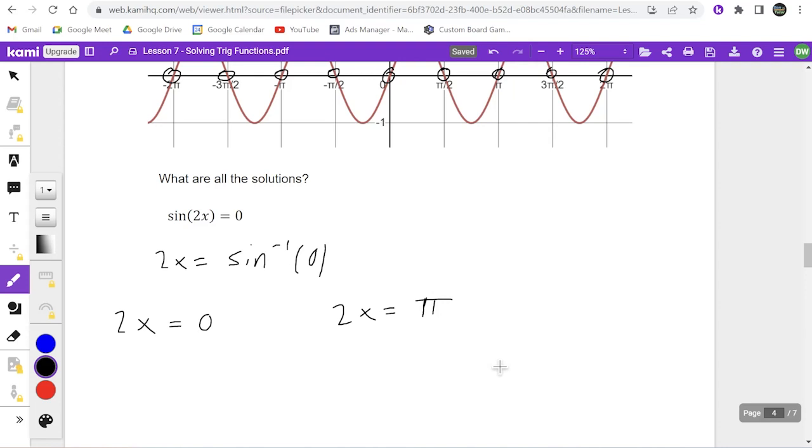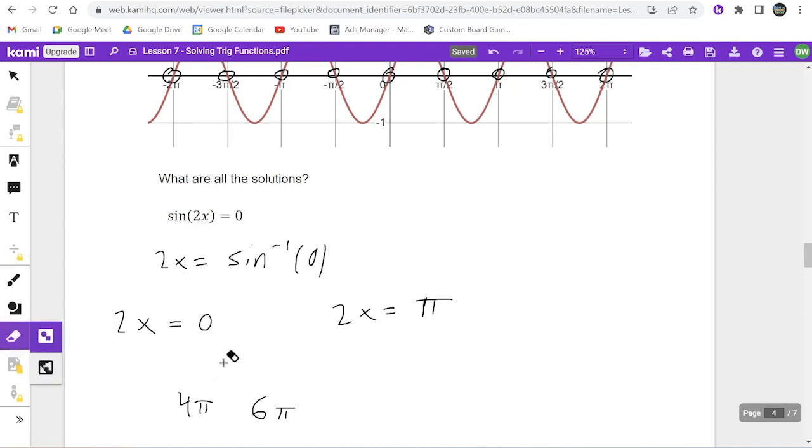Now, I'm not sure if you know this or not, but I'm going to tell you anyways. Since sine, cosine, and tangent all repeat on an interval of 2 pi, in other words, 0 is the same thing as 2 pi, the same thing as 4 pi, the same thing as 6 pi, and I can play this game for a while.